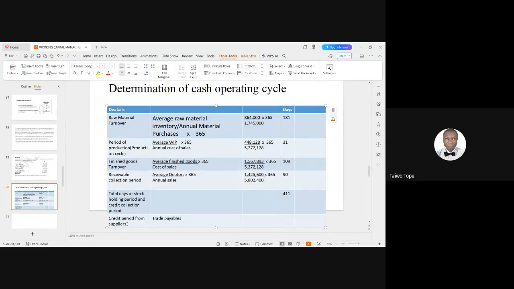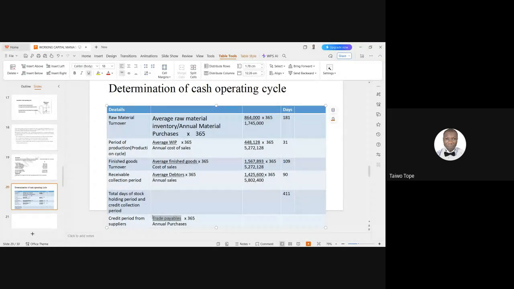Divided by what? When you have payables, what is bringing about payables is your purchase. You purchase and you don't pay immediately, which leads to payables. Your annual purchase, multiplied by 365 days.